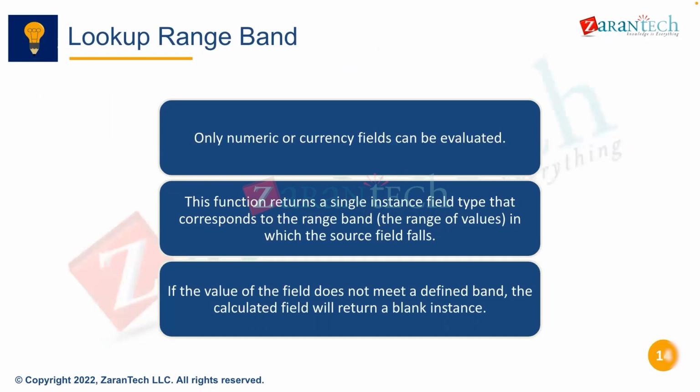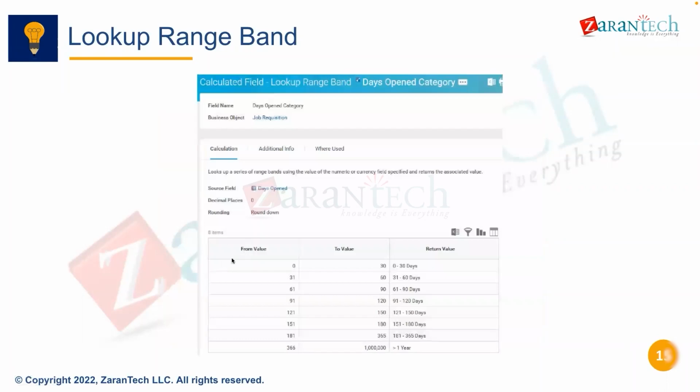Another topic, which is the last topic of this evaluated expression and evaluation, is the lookup range band. This is kind of similar to the evaluated expression field, but it's different in a way because we are now looking at a range to give us the value rather than looking at a specific condition. If you look at the lookup range band, it takes in a from value, it takes in a to value, and then it gives us a return value.